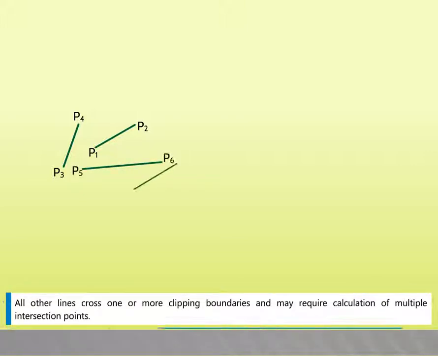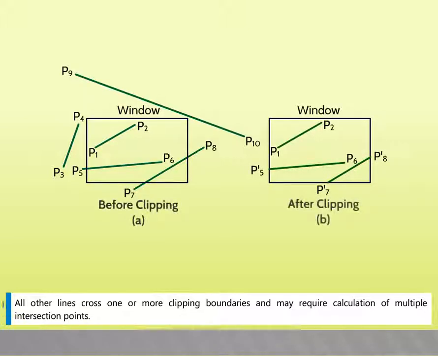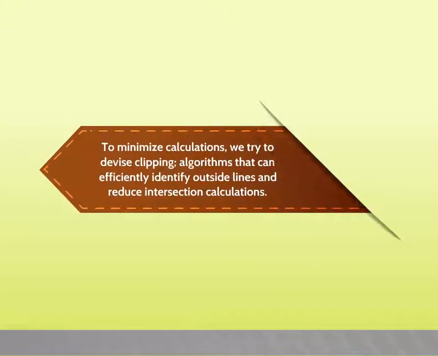All other lines cross one or more clipping boundaries and may require calculation of multiple intersection points. To minimize calculations, we try to devise clipping algorithms that can efficiently identify outside lines and reduce intersection calculations.